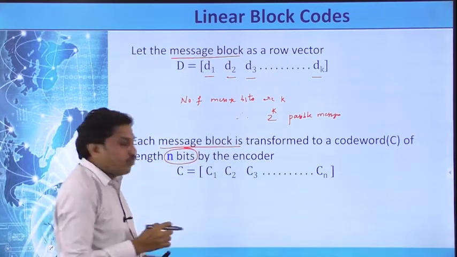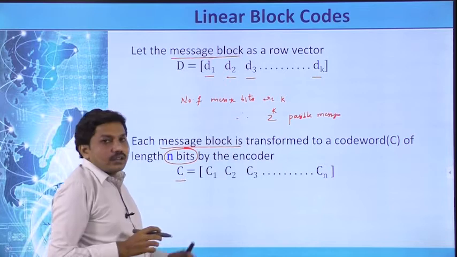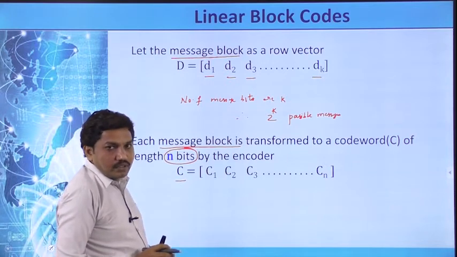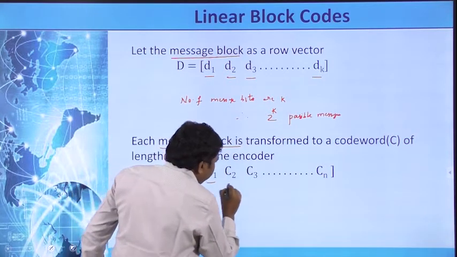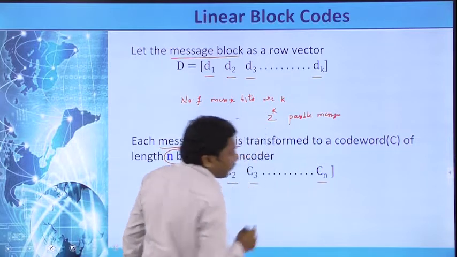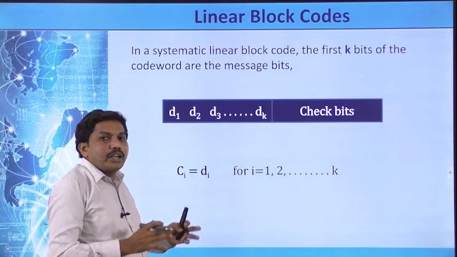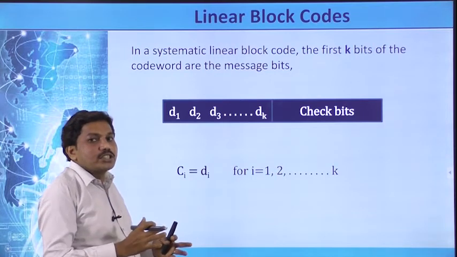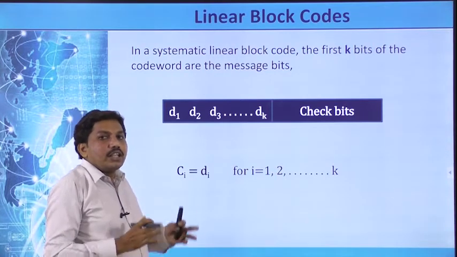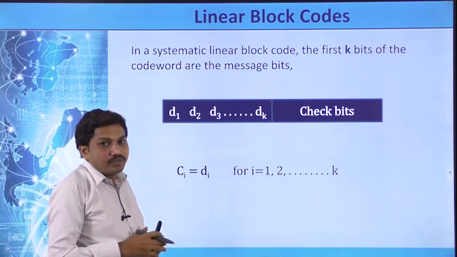The code word is denoted with C. The length of C is n bits, that means C1, C2, C3 up to Cn. What do you mean by systematic codes? Systematic codes means the message bits appear in the code word in unaltered form, right?